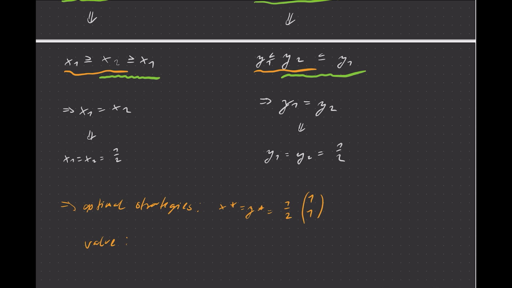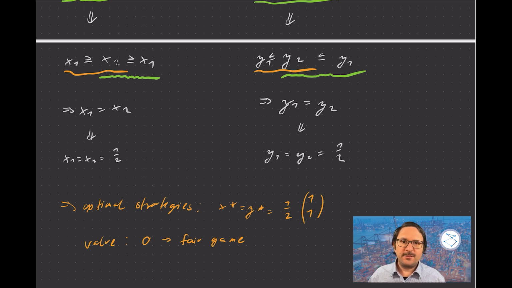They have the same value, of course, so the value is 0. That means that game is a fair game. And this outcome confirms the result we have about the Nash equilibrium. We already determined the Nash equilibrium of parity. That was also 1 over 2, 1 over 2 for both strategies. So the optimal strategies are the same in this case.